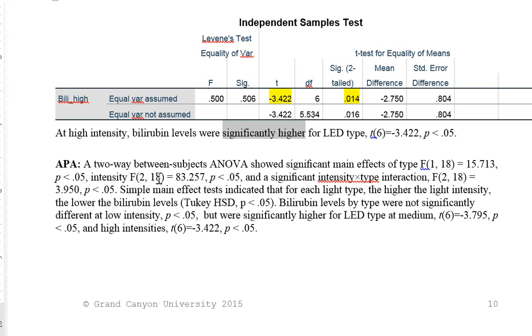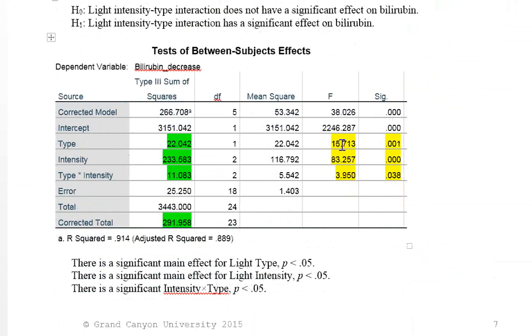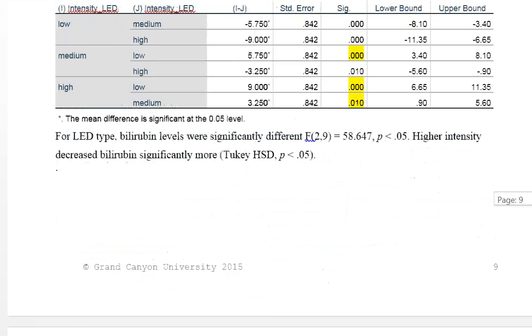The F value, degrees of freedom, and P less than 0.05, and a significant intensity versus type interaction, F statistic, P less than 0.05. So that's our very first table here. And here's our first F statistic, our second one for type, intensity, and intensity versus type, third F statistic, and then all our p-values were less than 0.05. So that's that part.